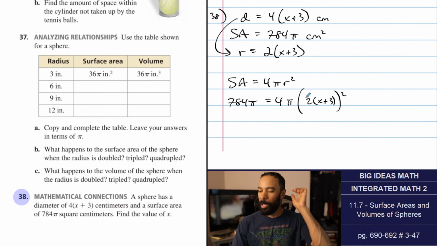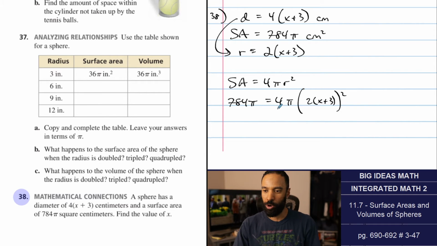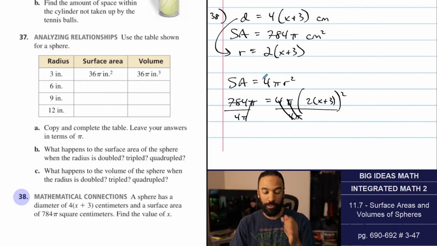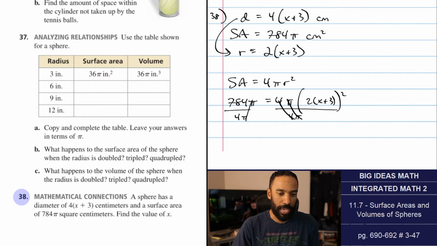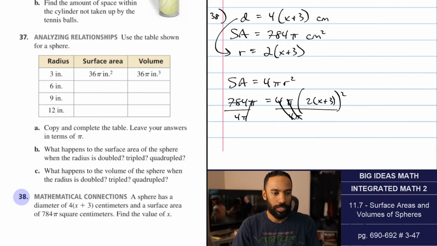Okay. First thing I'm going to do here, I'm going to divide both sides by 4 pi. I'm not going to dare try and distribute that stuff in there. So divide by 4 pi, get the pi's out of there completely. 784 divided by 4, I can guess. 196.